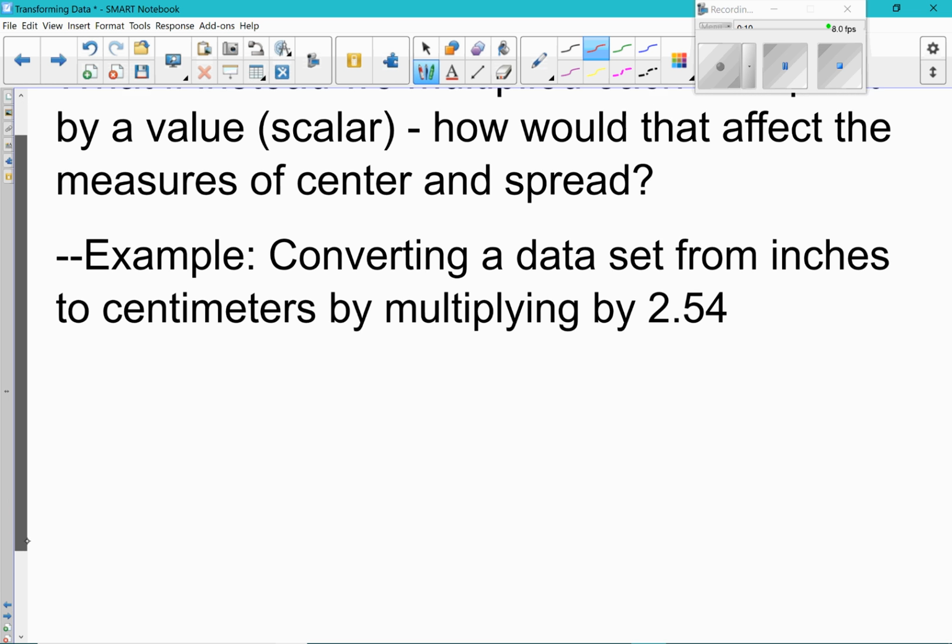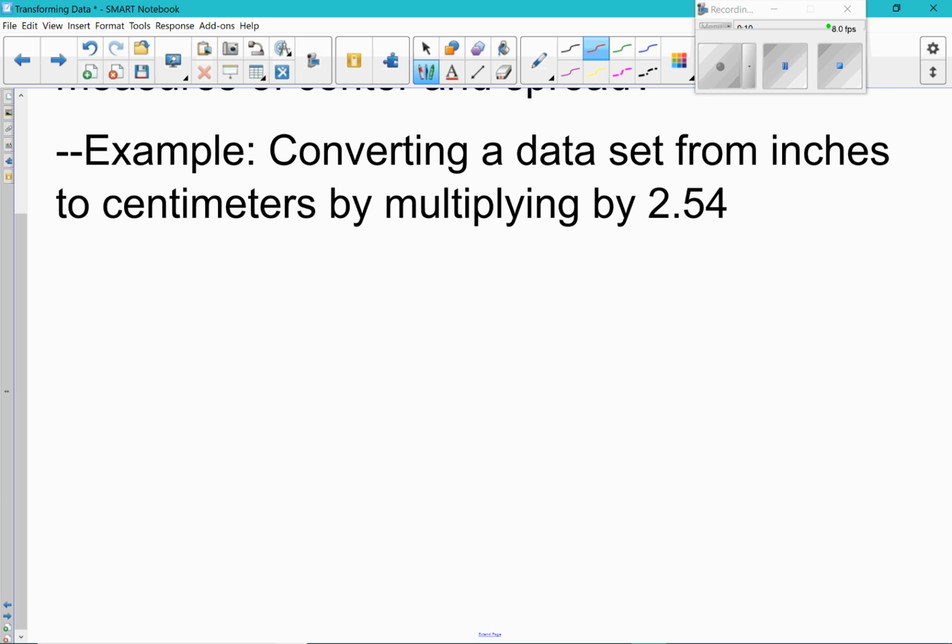Okay, so I'll go back to our example for the mean. If I have something in inches and I want to convert it to centimeters, I would multiply everything by 2.54. So every single data point would multiply by 2.54, right? And then it would be in centimeters.